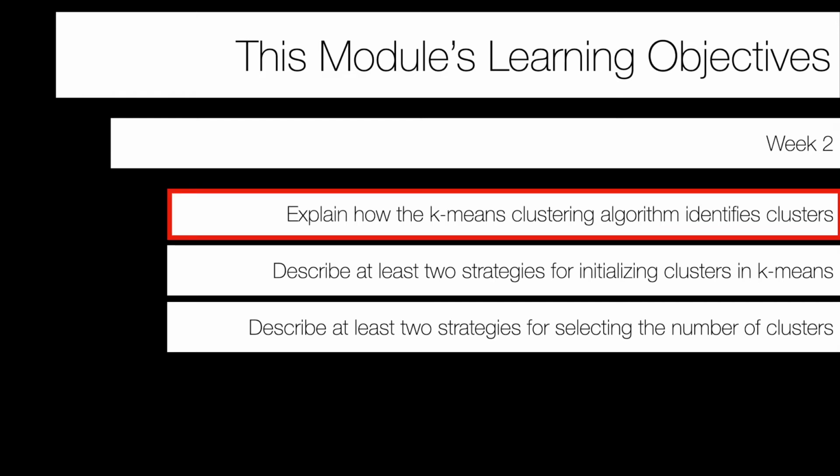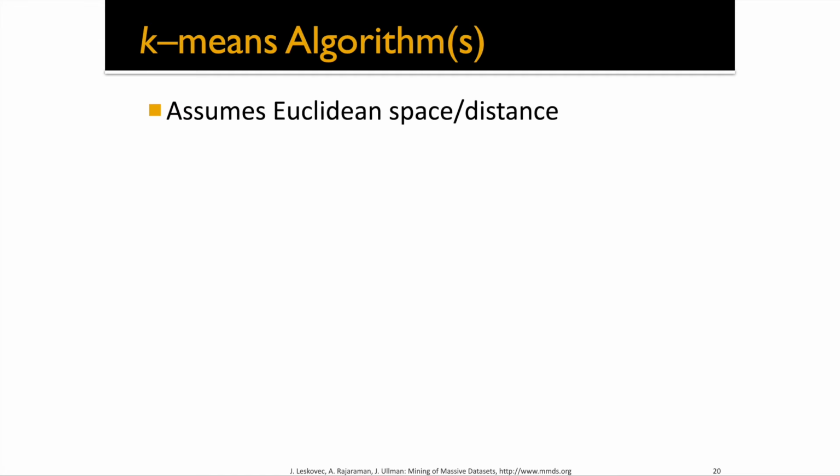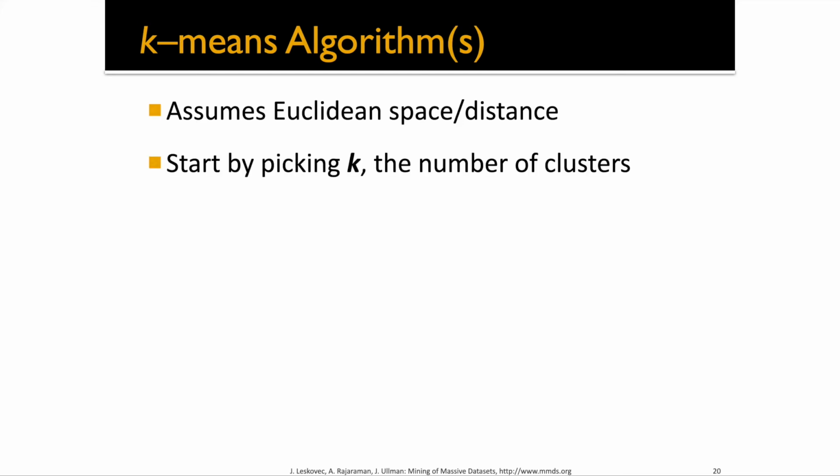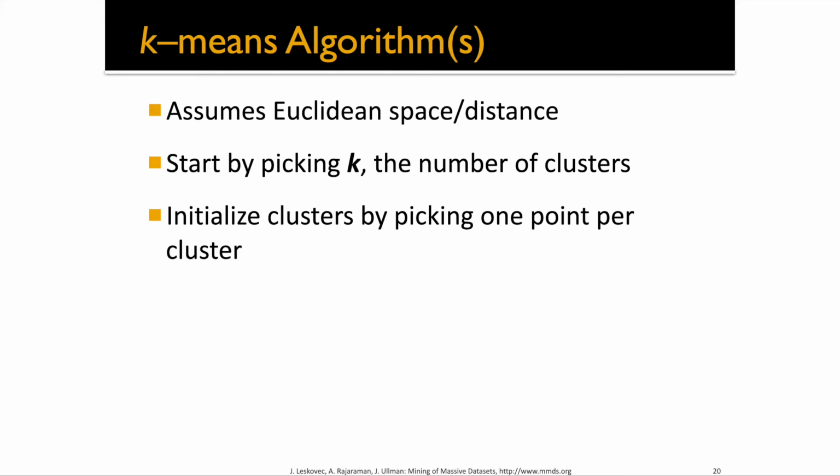So first, let's talk about defining k-means. In general, we're making some assumption that we're dealing with Euclidean spaces and Euclidean distances. In that space, we then pick some k value that says how many clusters we want to search for or how many clusters we want to create. We initialize these clusters in some way, either picking points from our data or randomly selecting points in this space, and use these points as our centroids for our clusters.